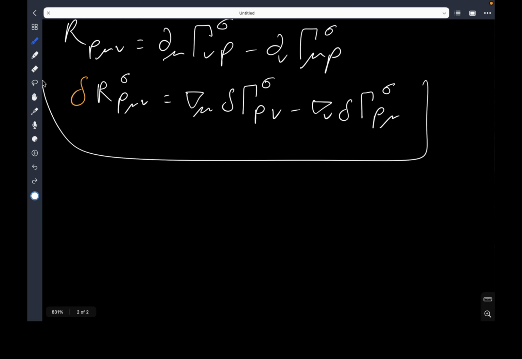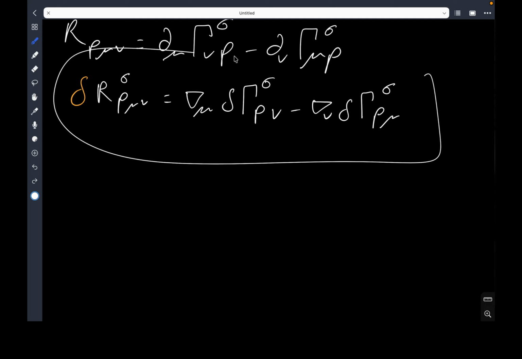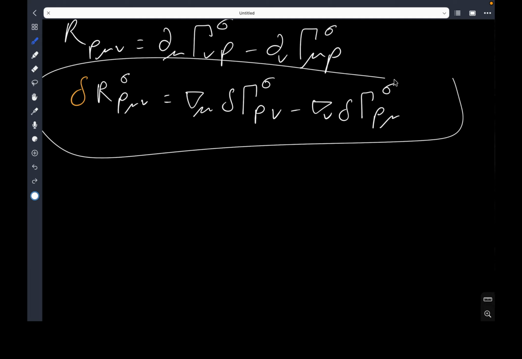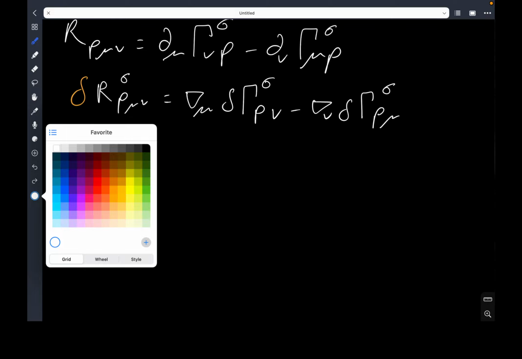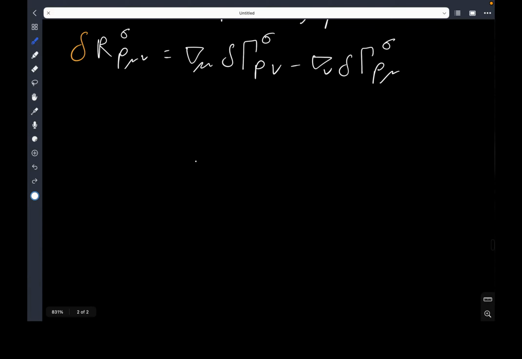So these are our definitions of the Riemann tensor. And what is the variation of the Christoffel symbol here?